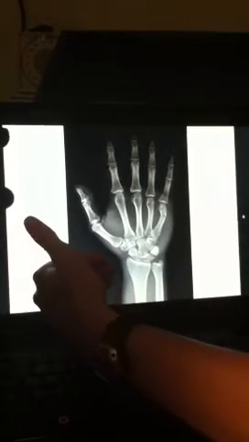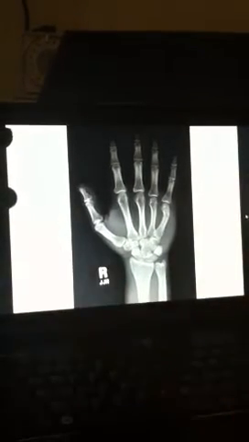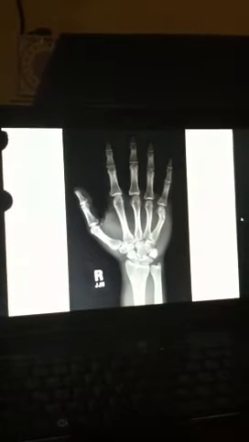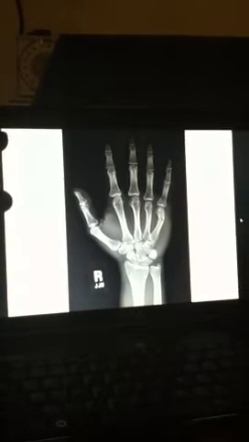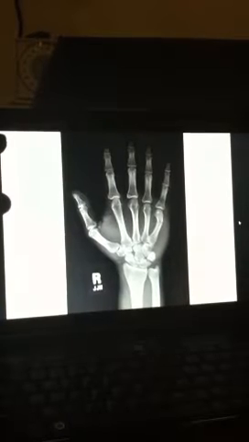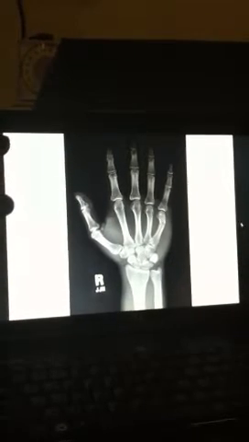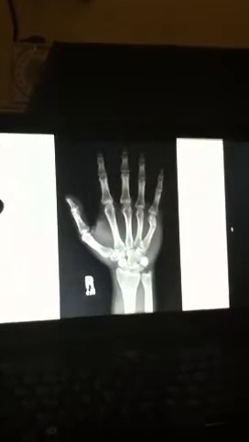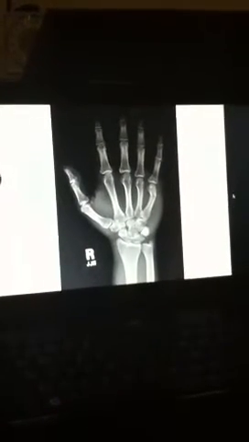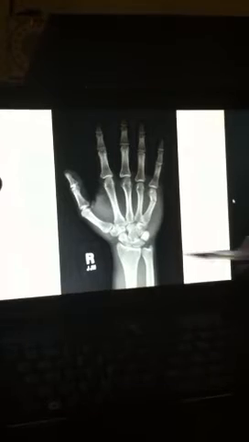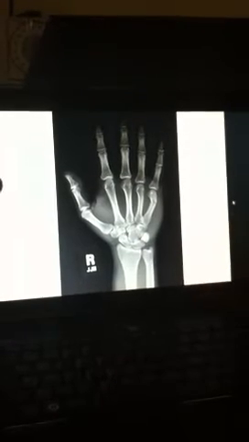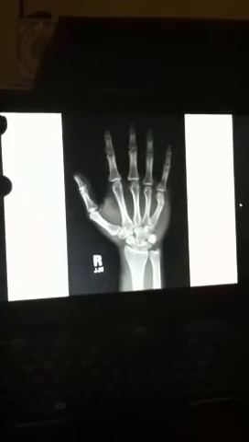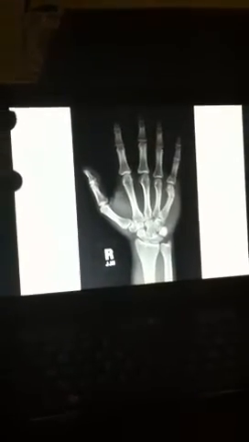So, if that R wasn't there, how would you know this was your right hand, and not just your left hand flipped? Because of the way it looks. I guess because the radius is medial. Right. You want to look to see the positioning of the bones in your hands compared to the radius and the ulna.